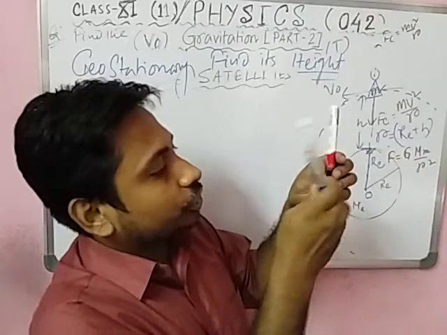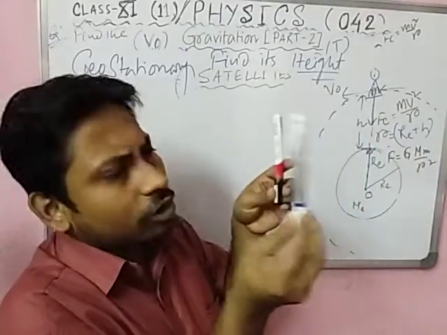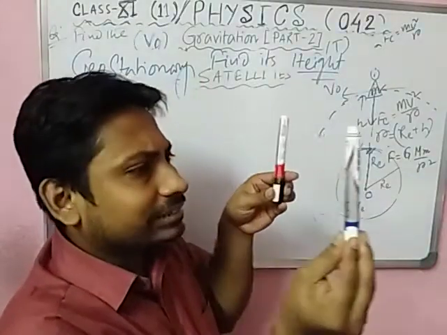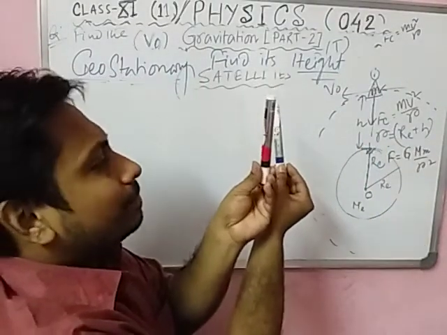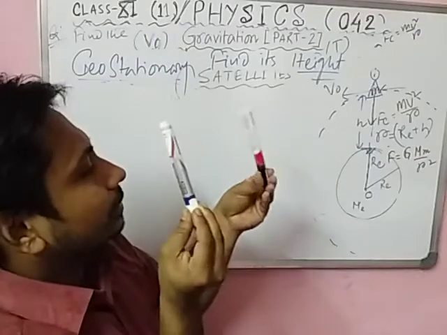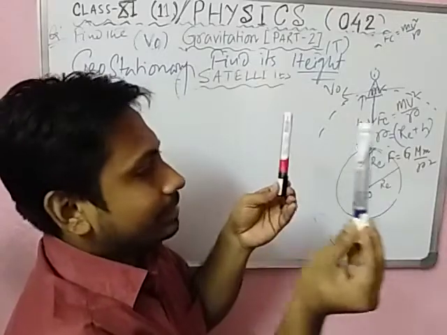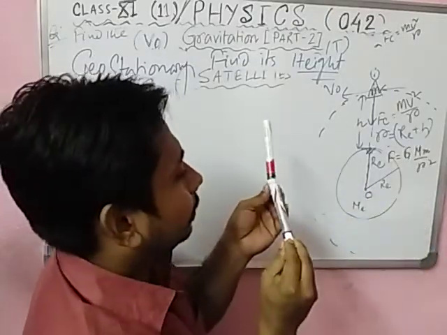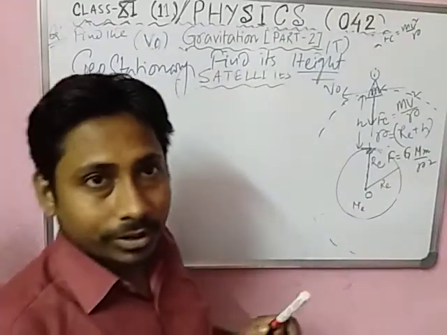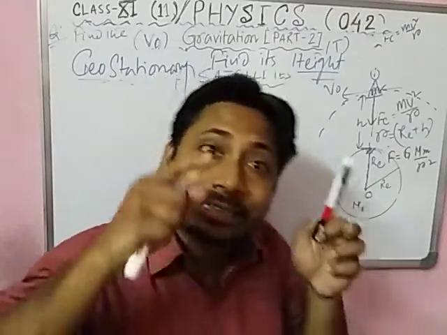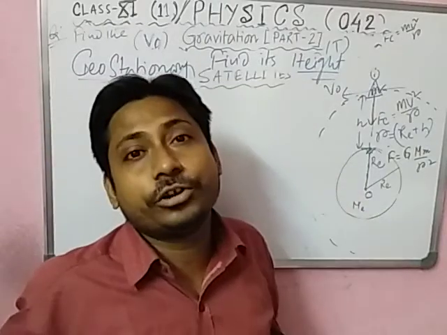So in this portion, the observer always sees this satellite as stationary, because the observer at that place can always see the satellite easily and it is observed like a stationary or at rest. So students, you have to find that time period of 24 hours or that velocity of revolution.